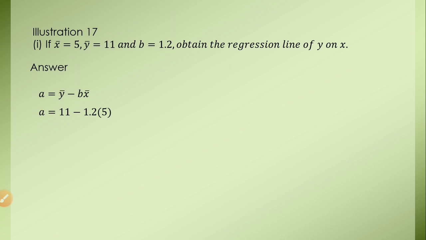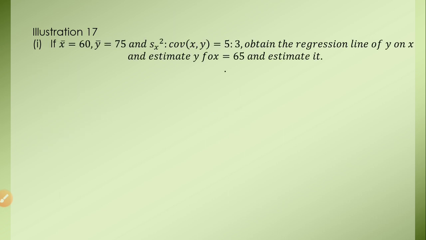Now let's solve. 5 into 1.2 is 6, 11 minus 6 is 5, so the value of a is 5. Now see, step 1 is to find b, b is there. In step 2 you have found a is 5. So what is the regression line? It's a plus bx, so 5 plus 1.2 into x.